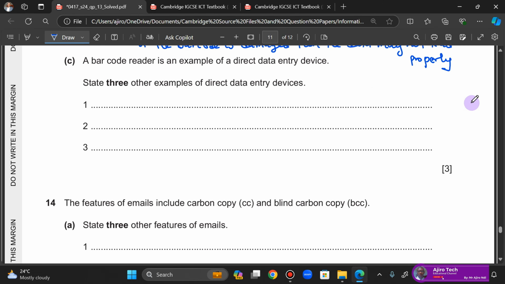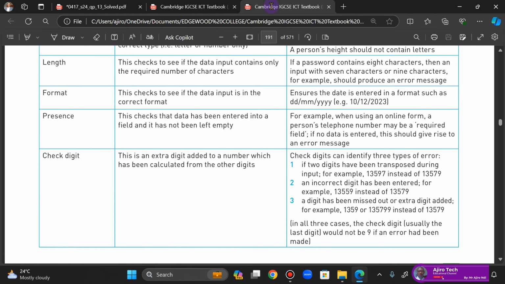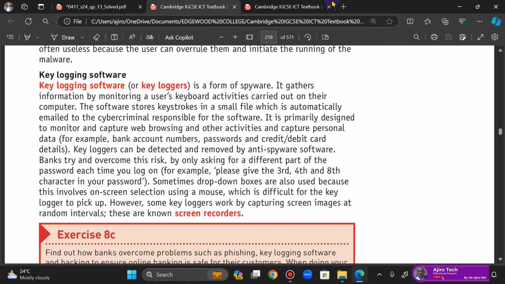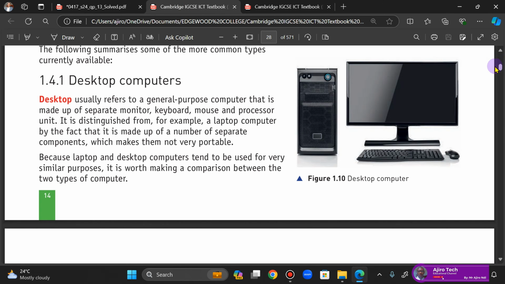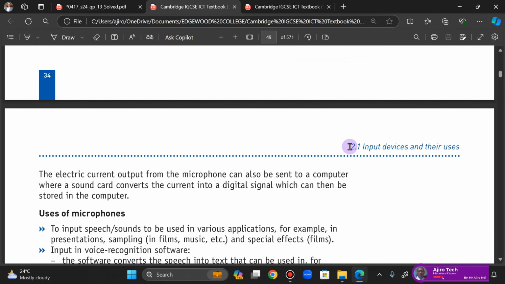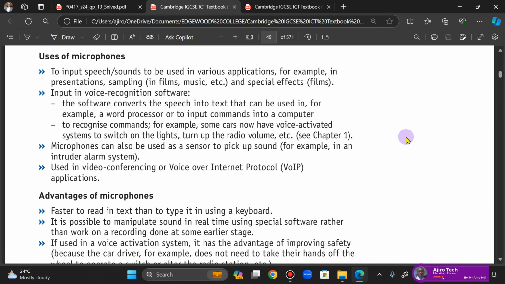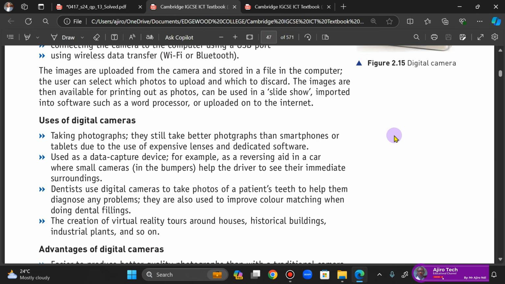Now, a barcode reader is an example of a direct data entry device. So now we are to state other examples of direct data entry devices. Okay, we have them here. Permit me to open this for you. Let me open this for you. Okay, so we have them here.